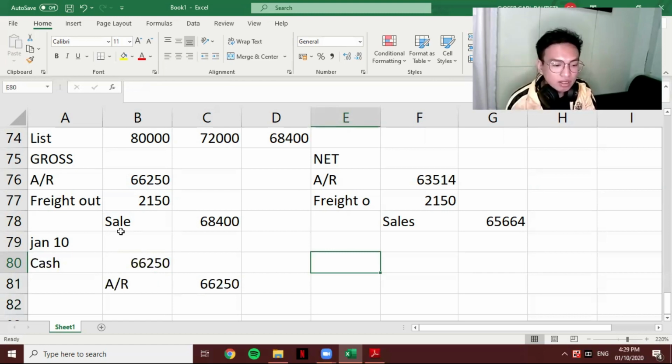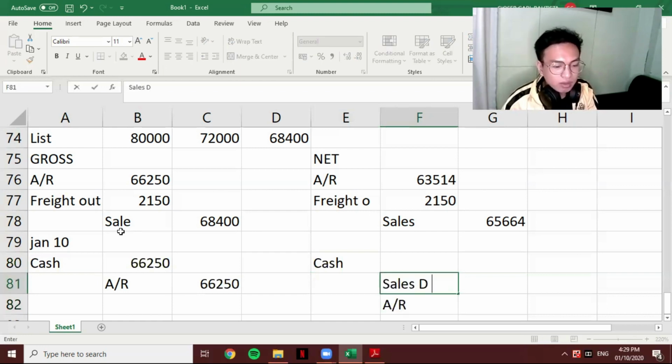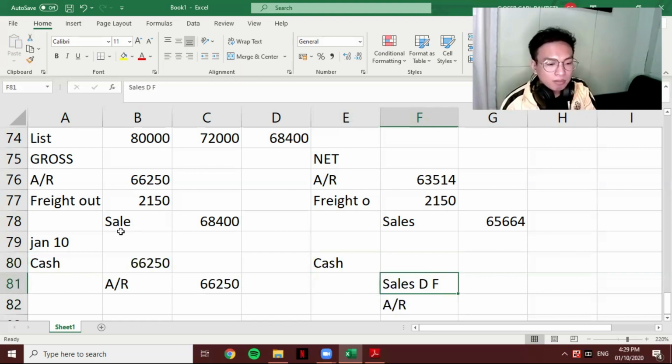Nagkakaroon siya ng sales discount forfeited, which is good dahil hindi nila nakuha or gain natin yon dahil we are aggressive in giving them discount and hindi pa nila tinake. No? Mabait na nga tayo, hindi pa nila kinuha. So, we have cash pa rin and AR here. But we know that we have sales discount forfeited, which is another gain or other income na tinatawag.